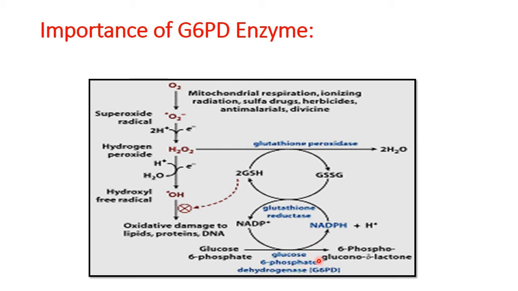Now if glucose 6-phosphate dehydrogenase is absent, there will be no NADPH, no reduced glutathione will be regenerated, and the RBC will be exposed to free radical injury by the hydroxyl free radical, and we will see that hemolysis occurs.